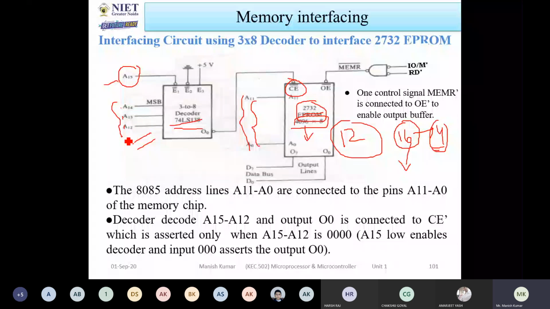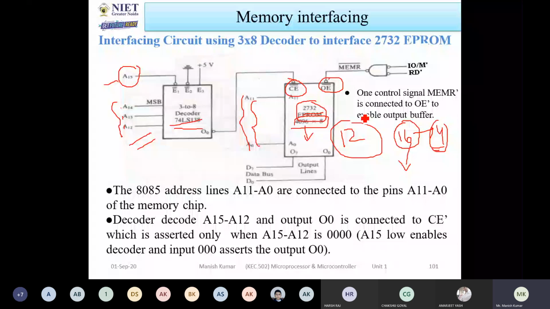Now you can see one pin called the output enable pin. This output enable pin is required to produce the output. If the memory has something, that value is saved in the output buffer. It will not go out when the output enable pin is not activated.